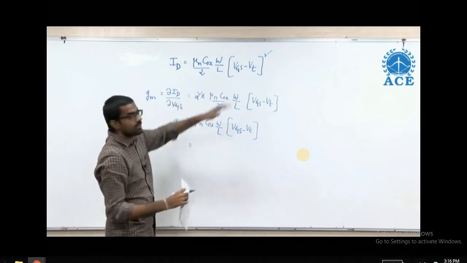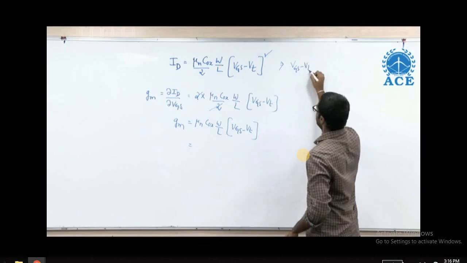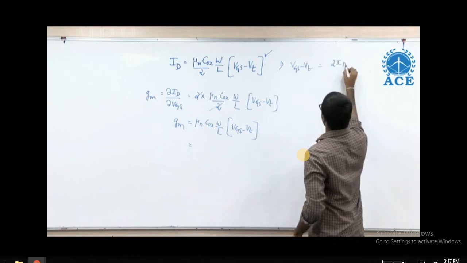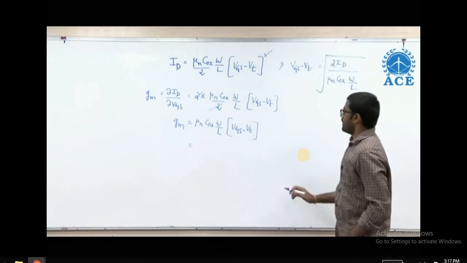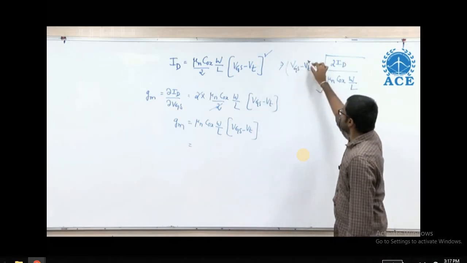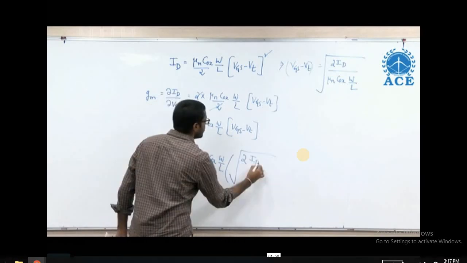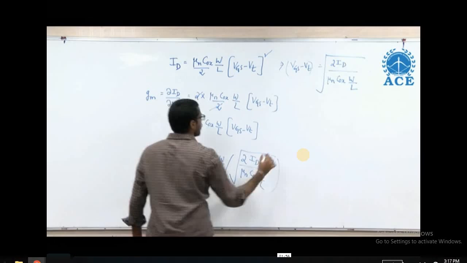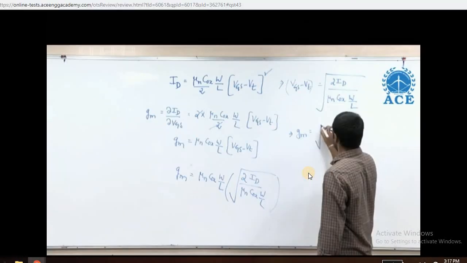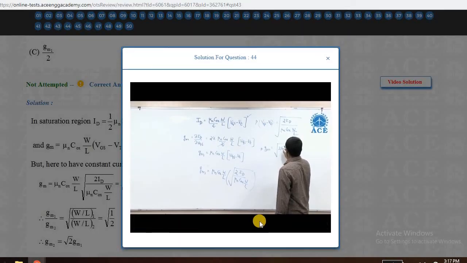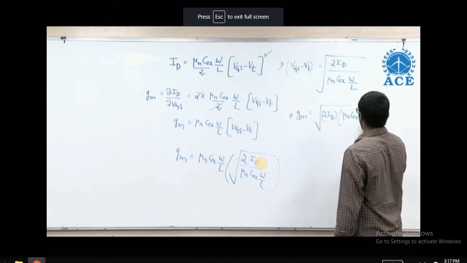From this relationship, we can write VGS minus VT as under root 2ID divided by mu n Cox W by L. Now, substituting this VGS minus VT value, we obtain transconductance as square root of 2ID into mu n Cox W by L.